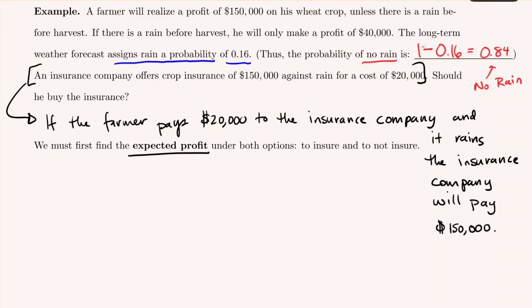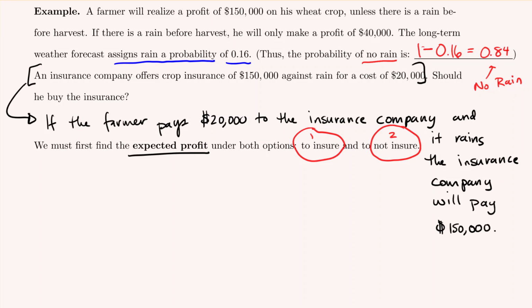What is the expected profit in the first situation when we insure the crop, and in the second situation when we do not insure the crop. And in both cases, whether we insure or we do not insure, the wheat's profit is dependent on whether it rains or does not rain.